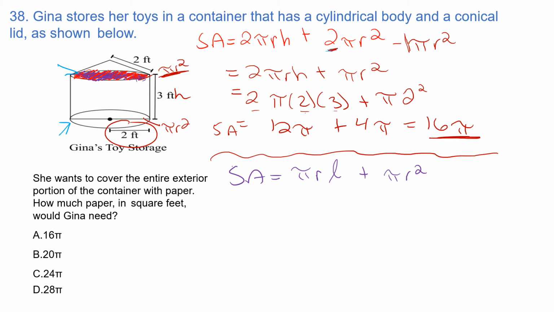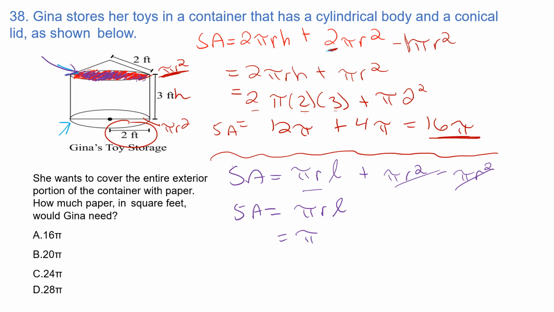We want the exterior. So we only want this piece here. So we can subtract the area of this circle, right? 1 pi r squared minus 1 pi r squared just cancels out. And so we're just going to use this formula here because we don't need that circle.